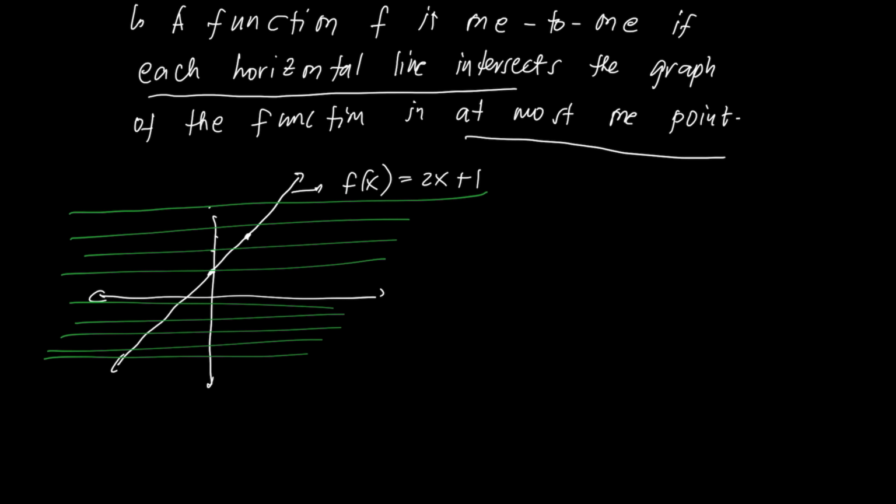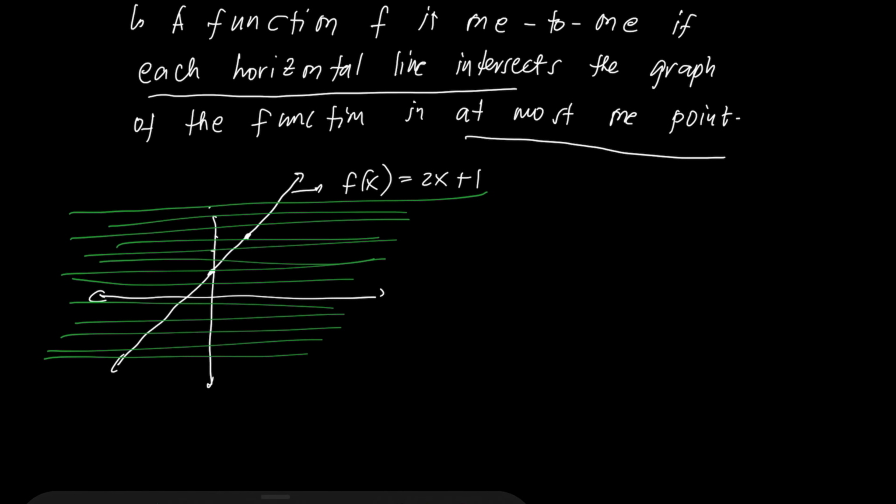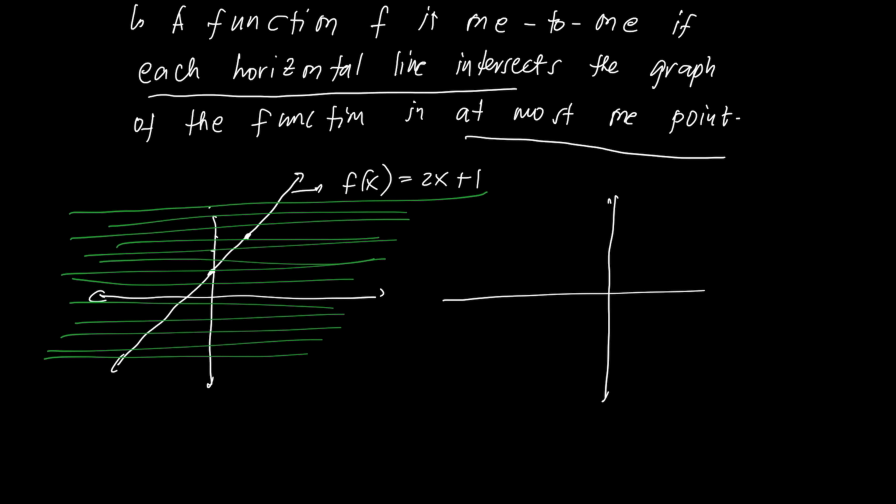Regardless of how many lines you make, it only intersects at exactly one point. So therefore, by just looking at the graph, f of x is equal to 2x plus 1 is a 1-to-1 function.